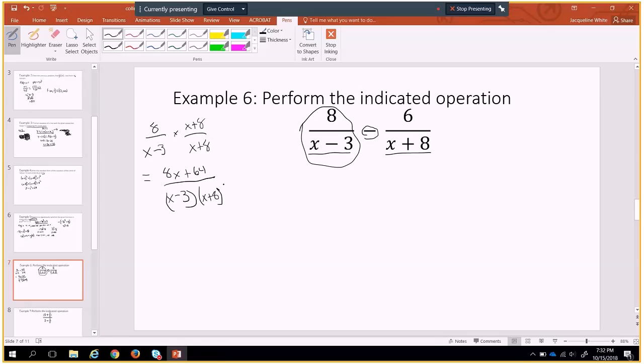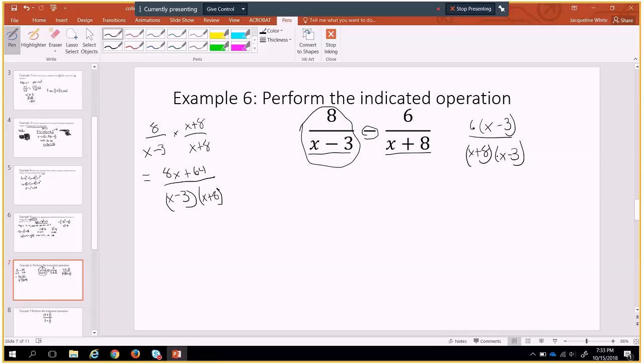So let's do that exact same thing on the other side. What is this denominator missing that the other one does not have? This side has an x plus 8, and the other side has an x minus 3. So we're missing an x minus 3 on this side. All we have to do is multiply the top and the bottom by x minus 3. Now we have 6 times x minus 3 over x plus 8 times x minus 3, right?